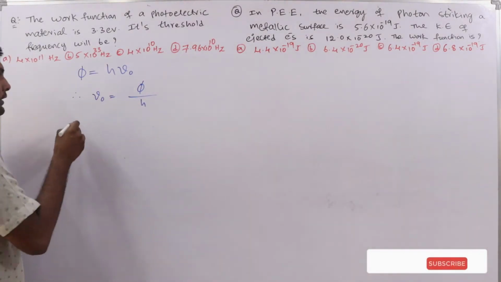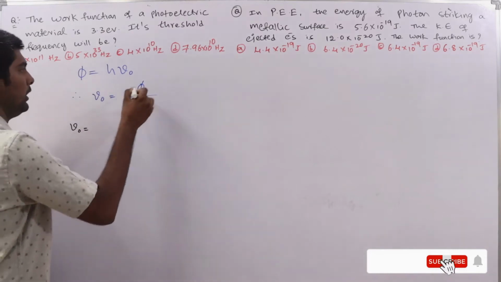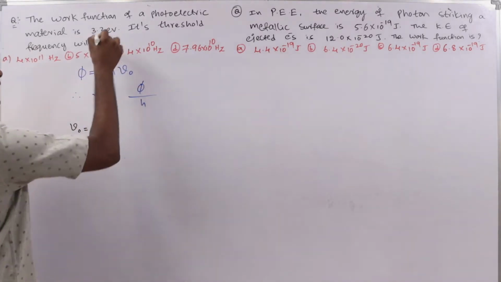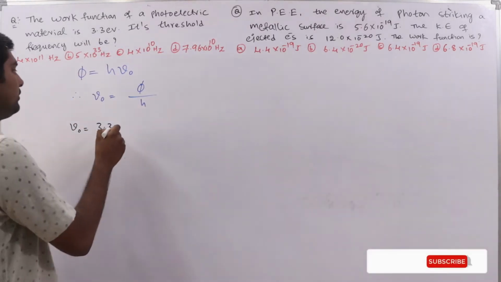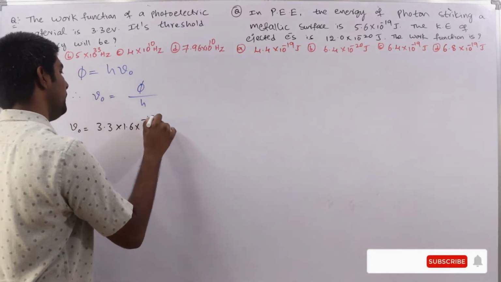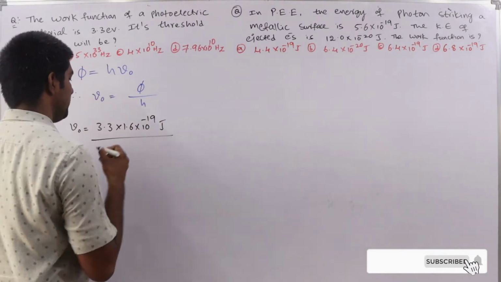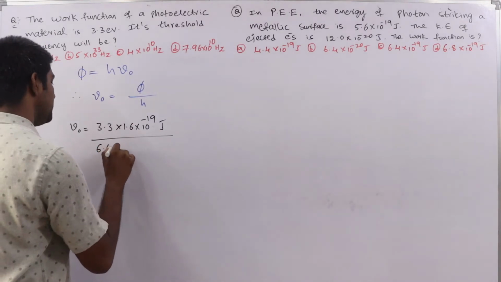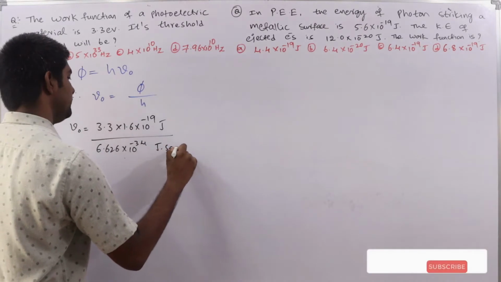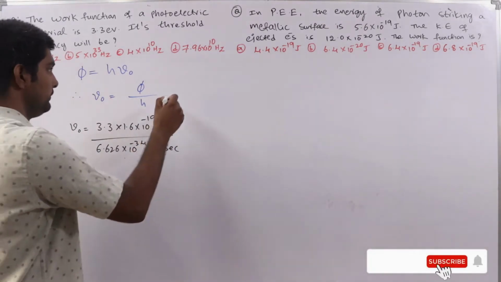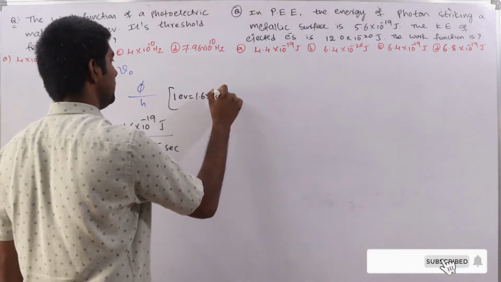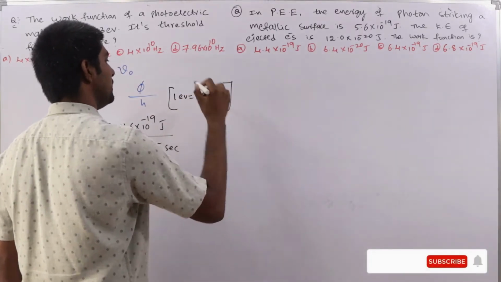So here nu naught equal to phi, which is provided as 3.3 electron volt. But we need to convert it into joules, so that is 1.6 into 10 power minus 19 joules, divided by 6.626 into 10 power minus 34 joule second. Here 1 electron volt equals approximately 1.6 into 10 power minus 19 joules.